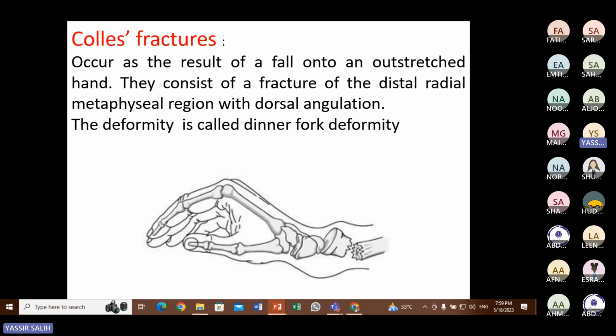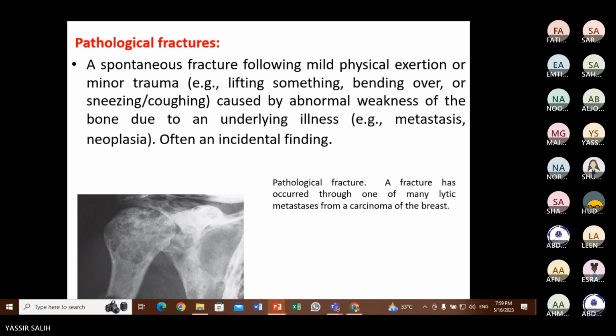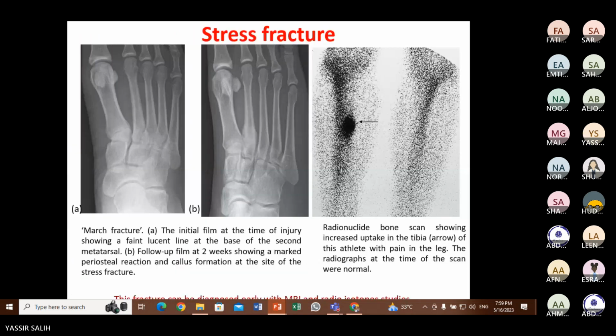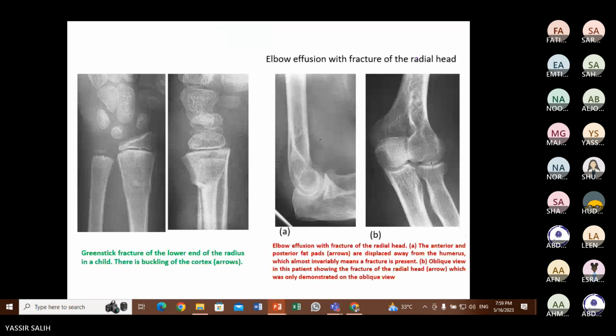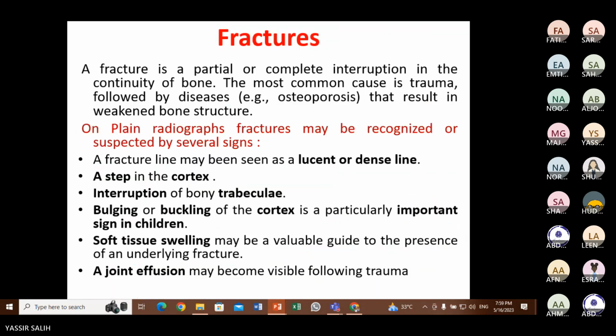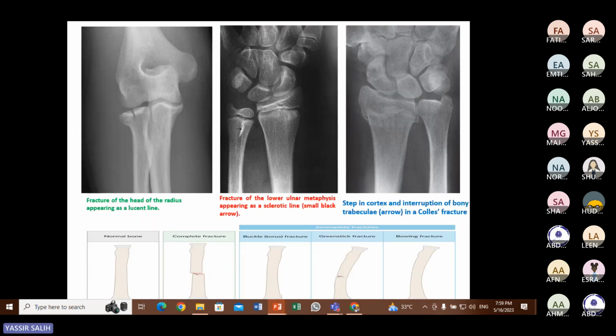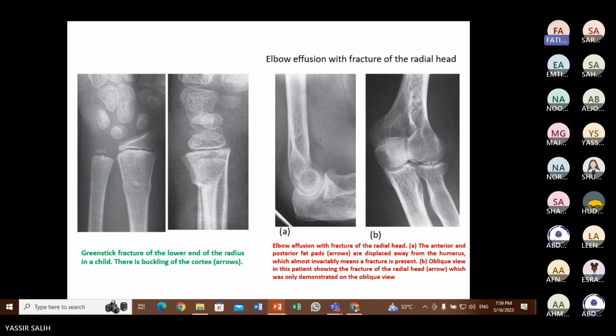What is the typical manifestation of Smith's fracture? First, we must have a fracture. Where is the fracture in Smith's fracture?